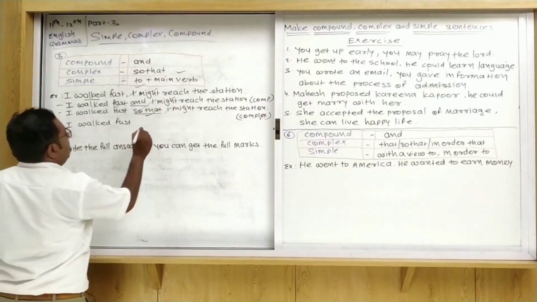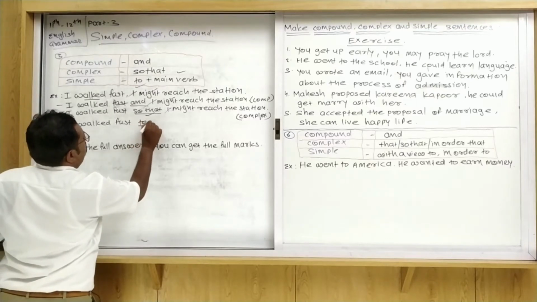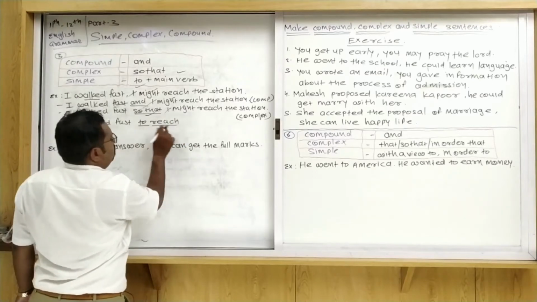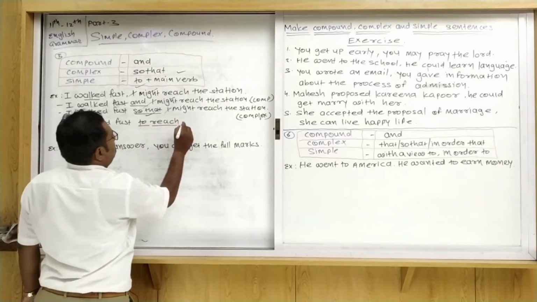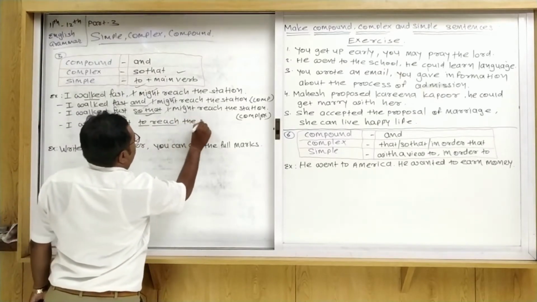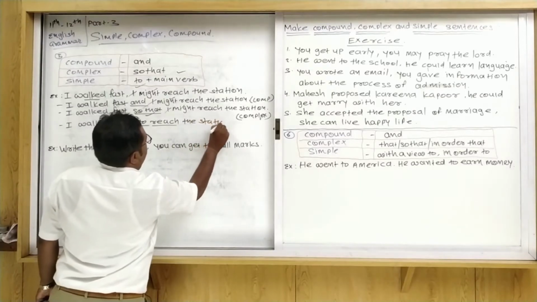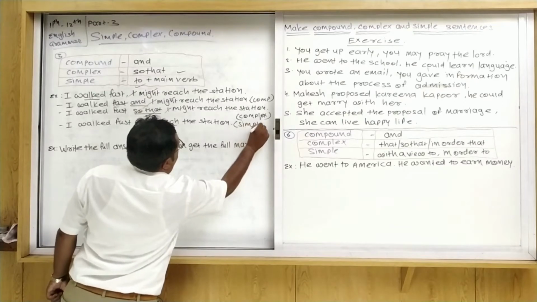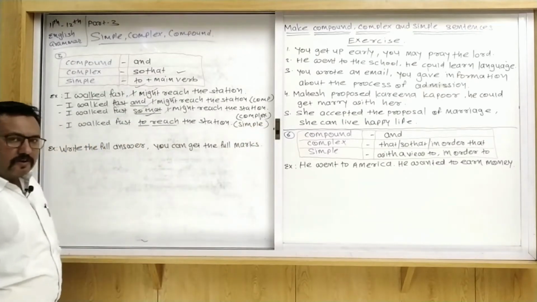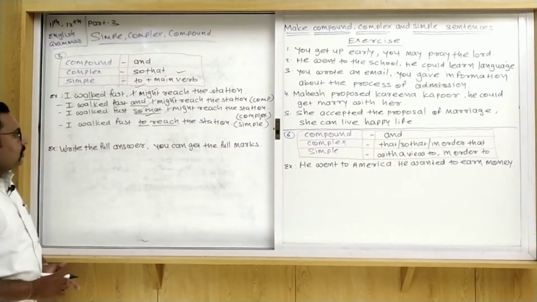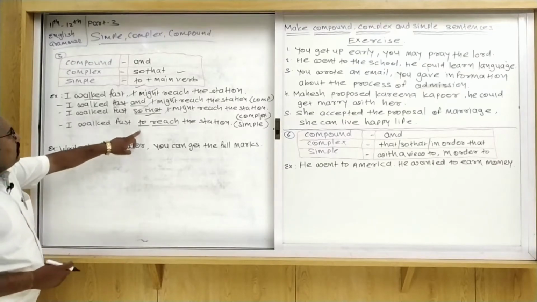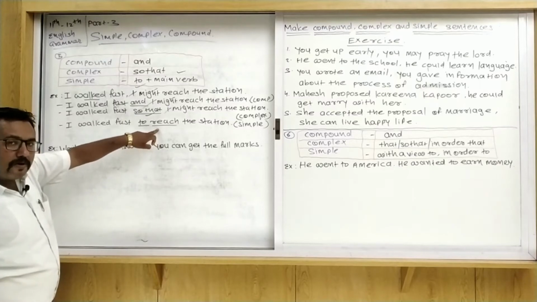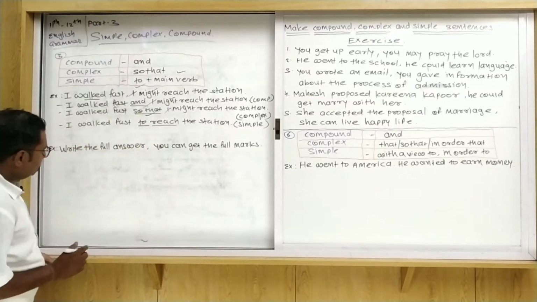I walk fast to reach, to plus main verb, the station. That is simple sentence. Did you get my point? So dear friend, when we use to, at that time, please write down the main verb.